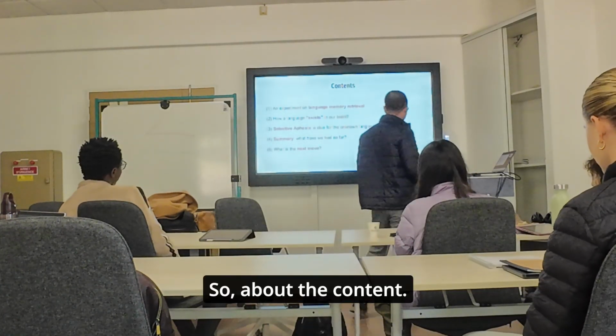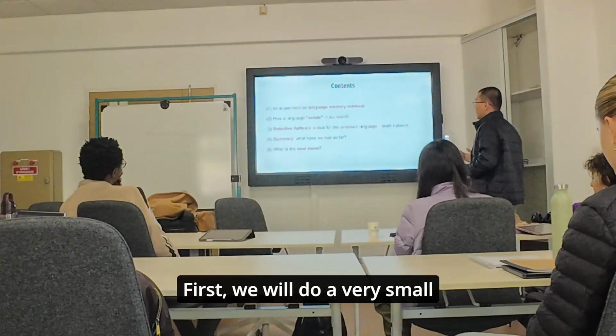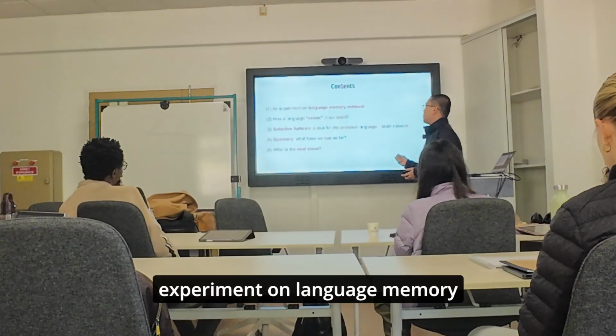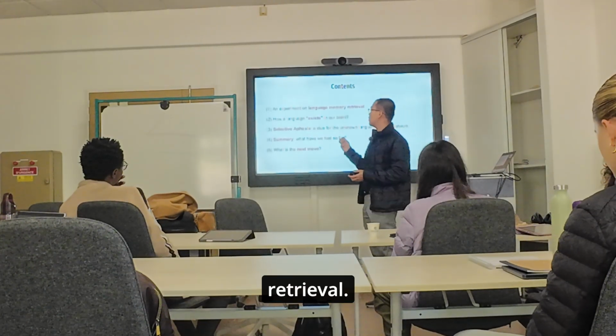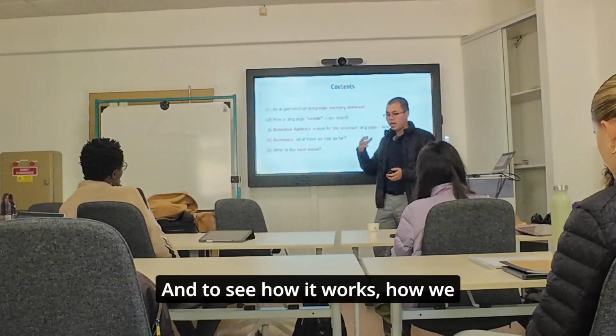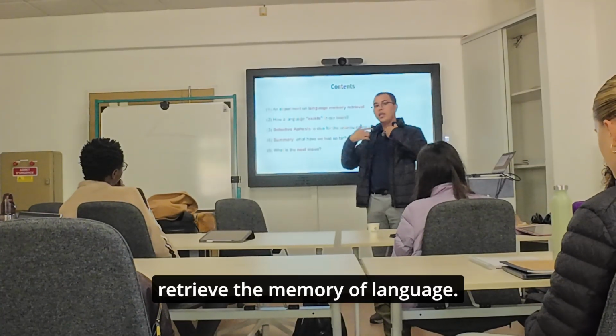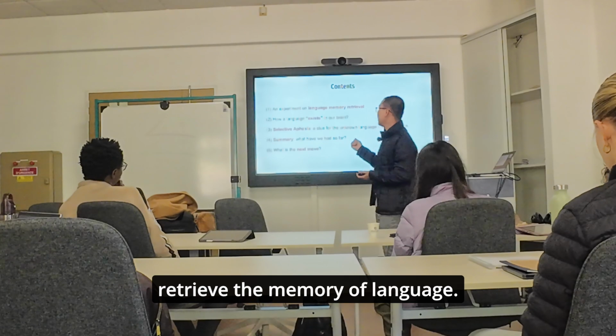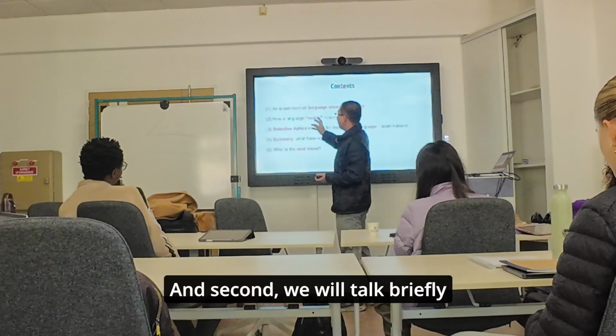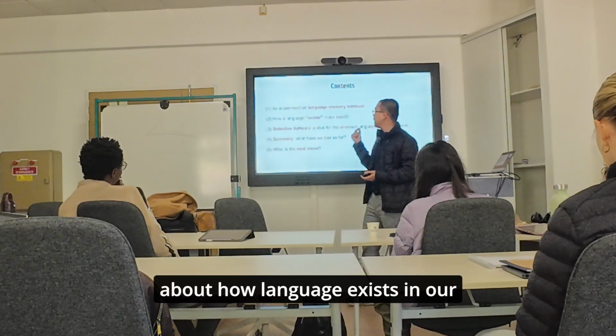So, about the content. First, we will do a very small experiment on language memory retrieval, to see how it works, how we retrieve the memory of language. Second, I will talk briefly about how language exists in our brain.